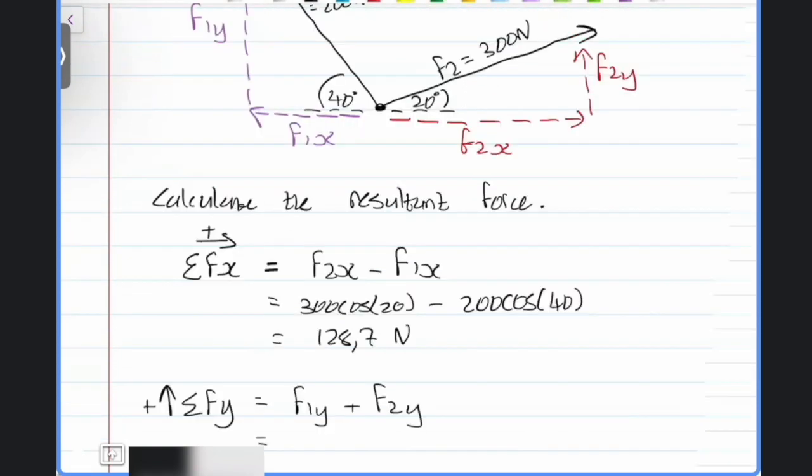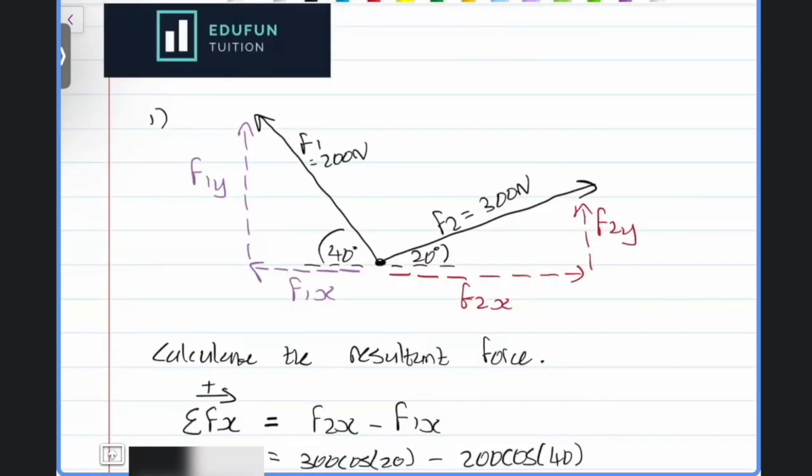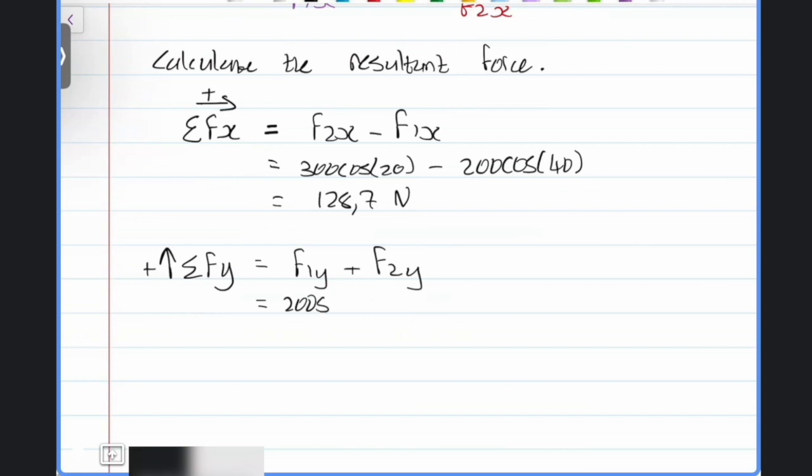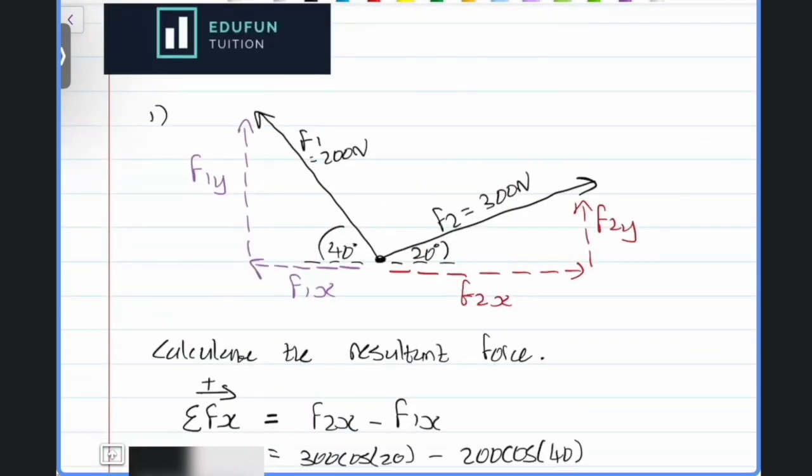Okay, so F1y is going to be 200 sine 40, right? And then F2y is going to be 300 sine 20.